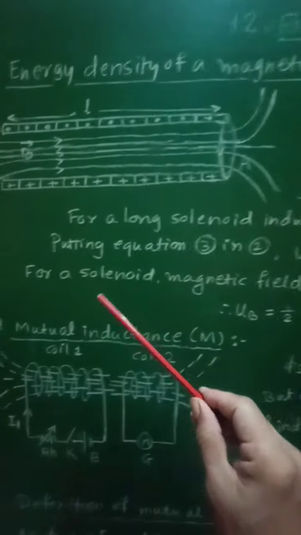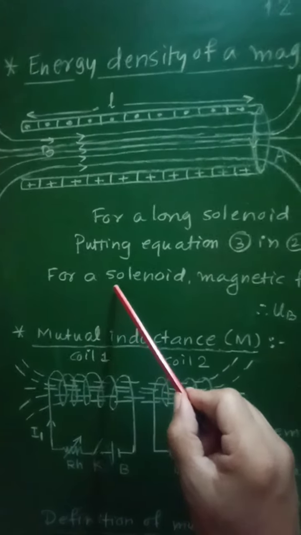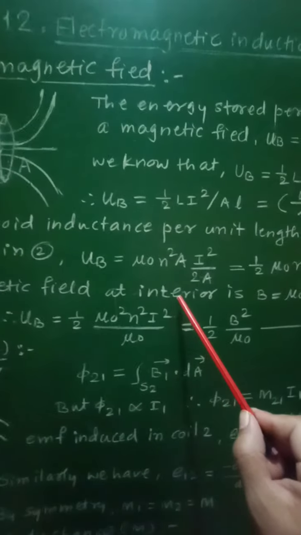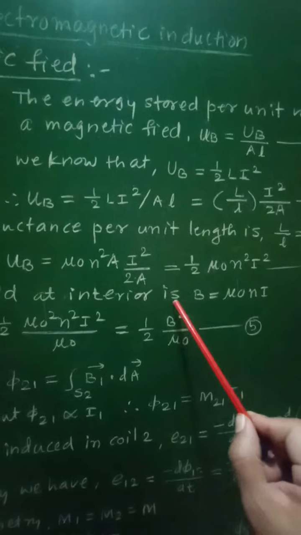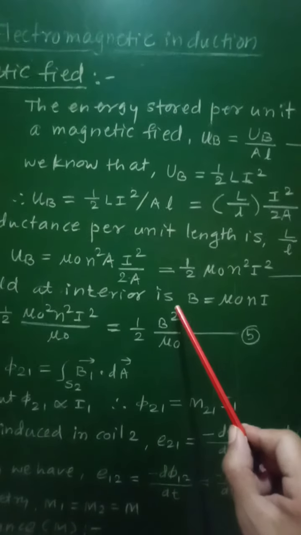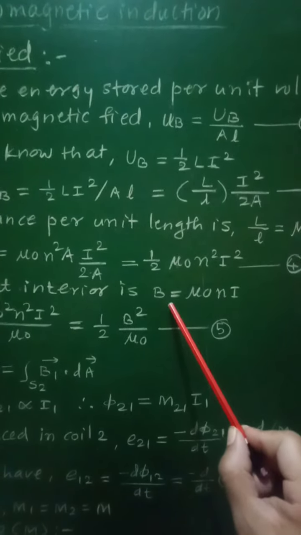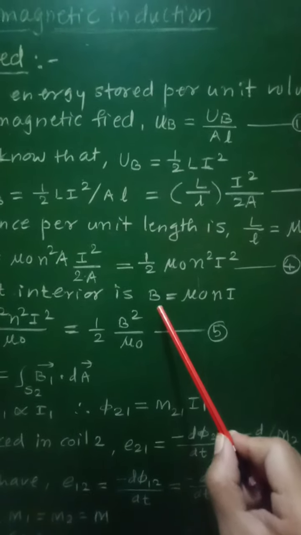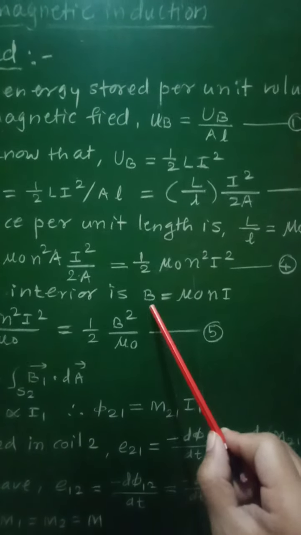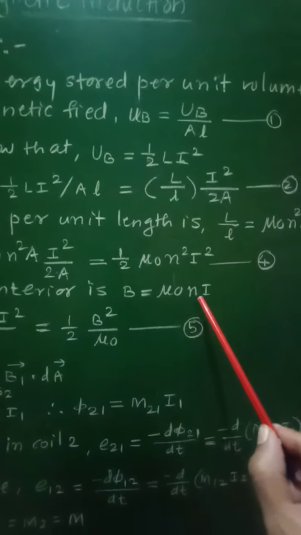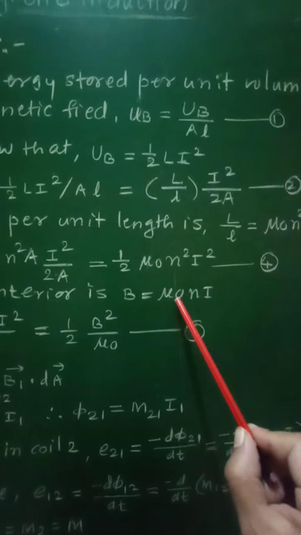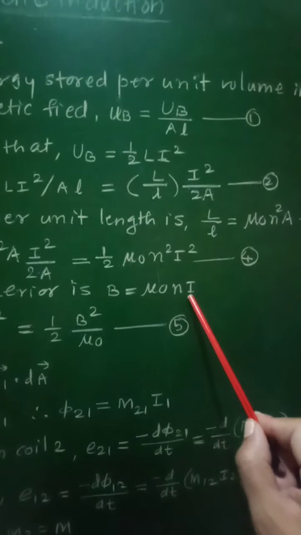Now for a solenoid, the magnetic field at the interior is given by the formula we have already studied, that magnetic field inside the solenoid B is equal to mu 0 n I.